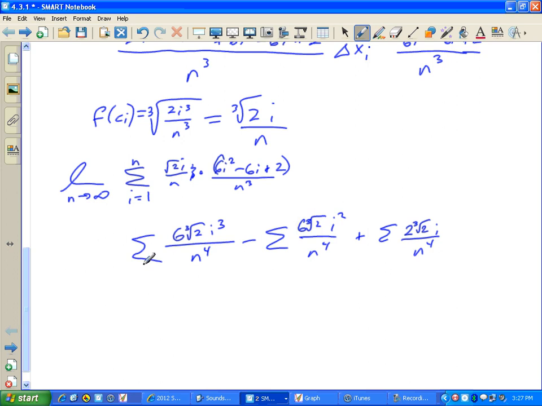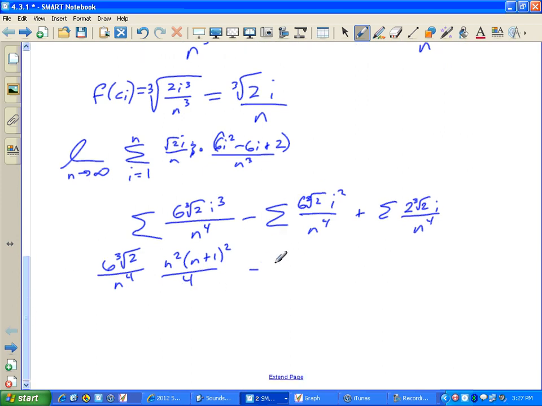Alright, so now we take our constants out and change our i values into n's. All of this stuff is a constant, so I'm going to have that out in front. And the sum of i cubed turns into n squared, n plus 1 squared over 4.